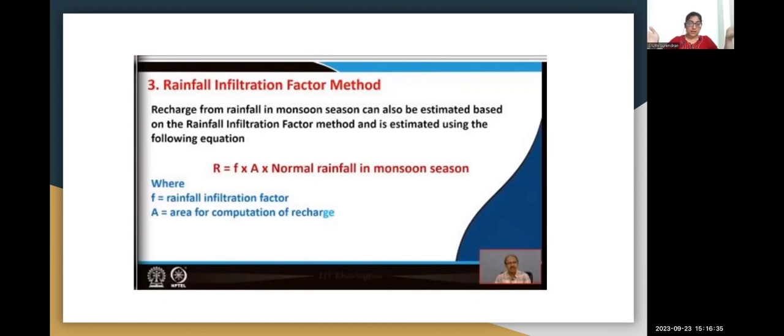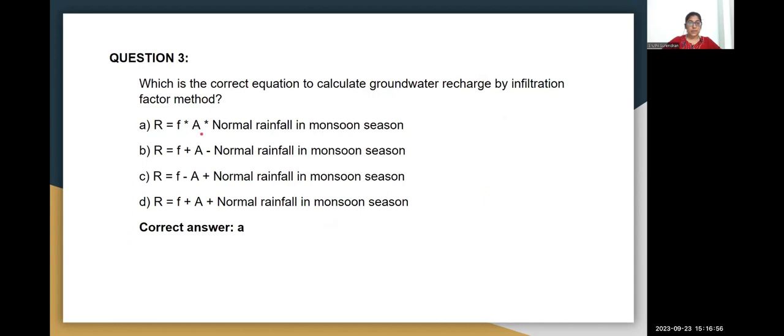It's the annual rainfall that is taken over 35 years, and the rainfall for a particular year or particular season is compared with the normal rainfall. So this is one method of computing the groundwater recharge. So the correct answer for this question would be F into A into normal rainfall in monsoon season. This is option A.